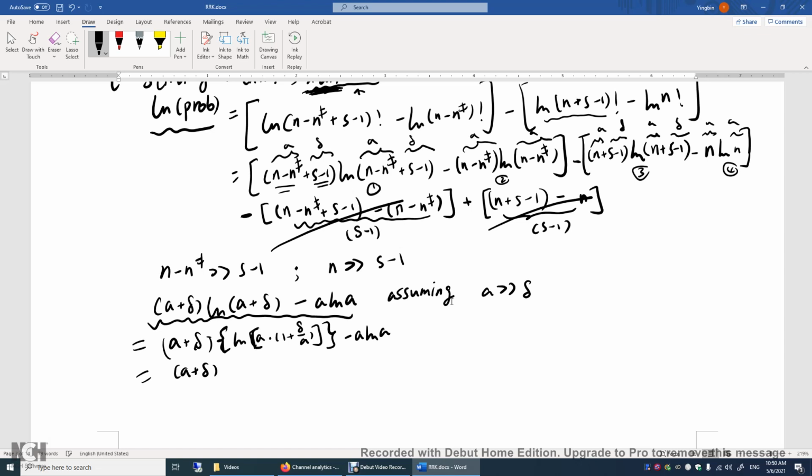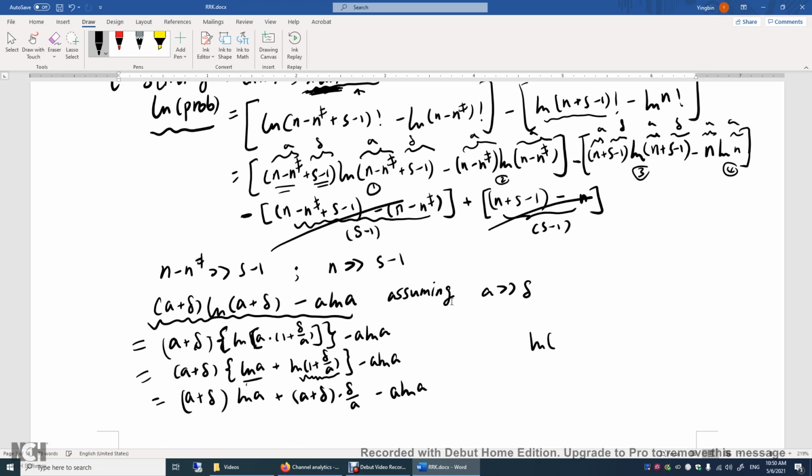A plus delta, and then over here we have ln A plus ln 1 plus delta over A. So we have A plus delta times ln A, right? So this guy times A plus delta, and then A plus delta times, okay, now I will use the Taylor expansion or Maclaurin expansion for this logarithm. It's going to be just delta over A, okay, minus A ln A, all right?